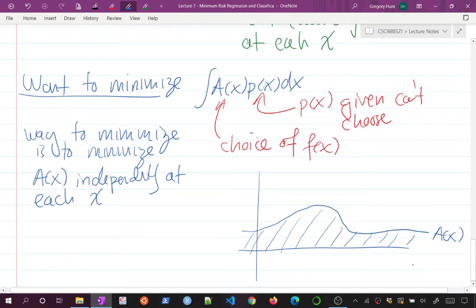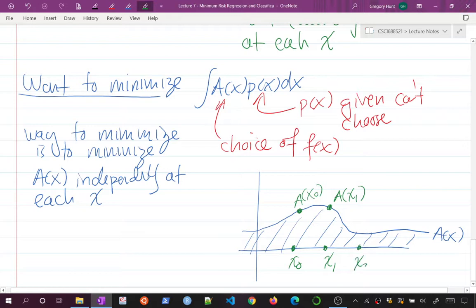And so what would you do? You would go for some particular value, let's say x naught, and you would make sure that the value of a of x at x naught, a of x naught, is as small as possible. It might not be able to be exactly 0, but you make sure it is as small as possible. And then you go over to some other one, x1, and you would make sure to choose your f so that a of x1 is as small as possible. And you do this for all your points.